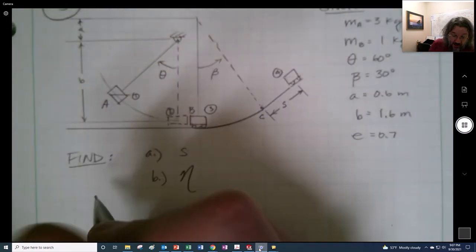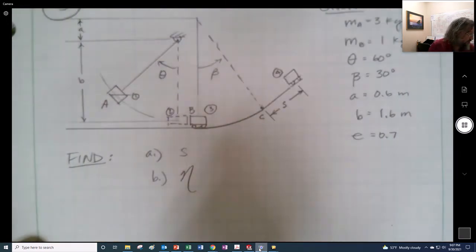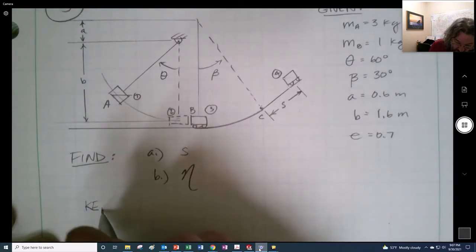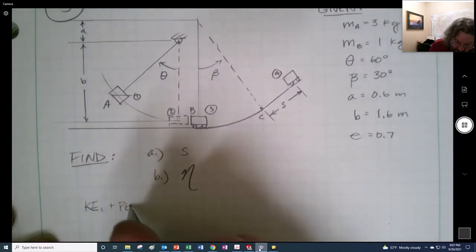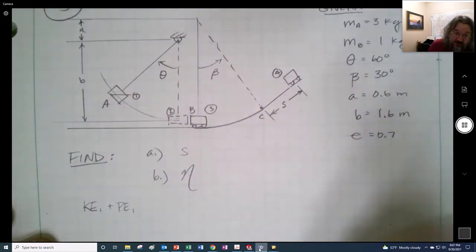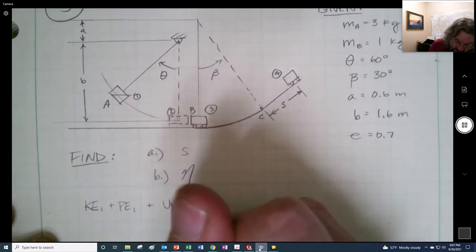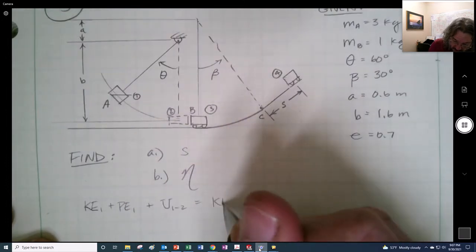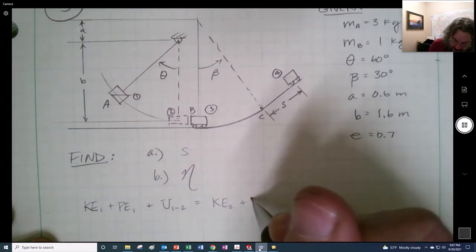My first step is a work energy equation: KE1 plus PE1 plus the work U1 to 2 is equal to KE2 plus PE2.